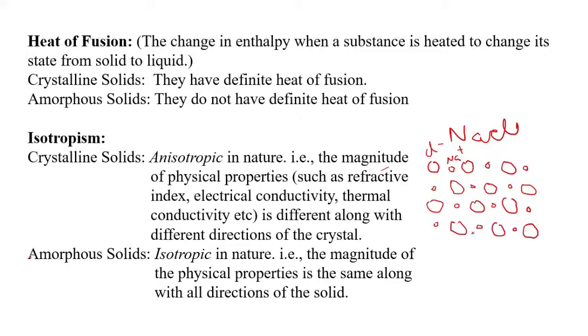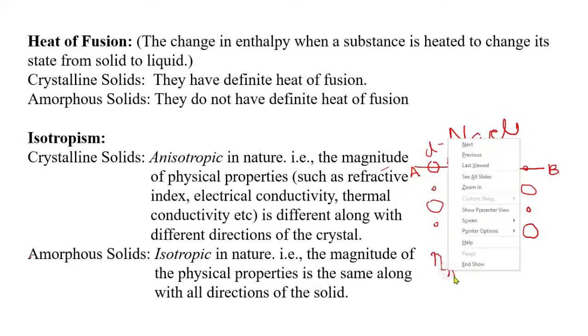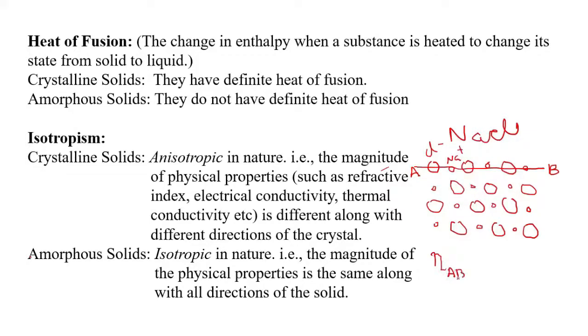Suppose in a crystalline solid we measure in different directions. Suppose this direction is AB. The refractive index along AB has one value.